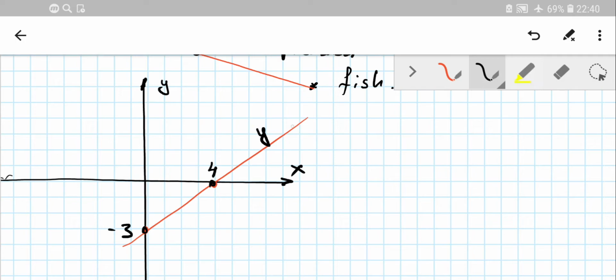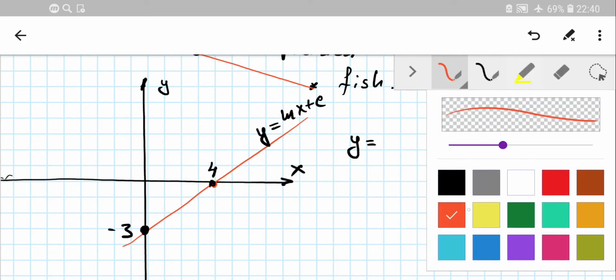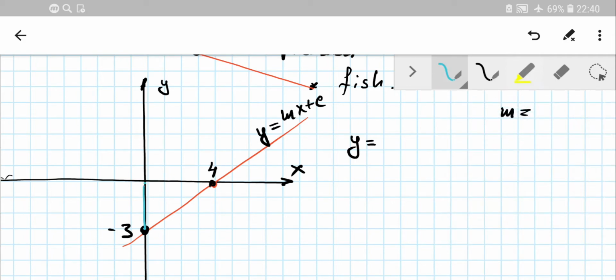All right, how to get the equation in general form? mx plus c, that's the gradient-intercept form, though we actually can complete the general form no matter what. So let's do it in gradient-intercept form. We're talking about the gradient. The gradient by definition is: starting from this point, you go up by 3 units while moving along the horizon, along the x-axis, by 4.